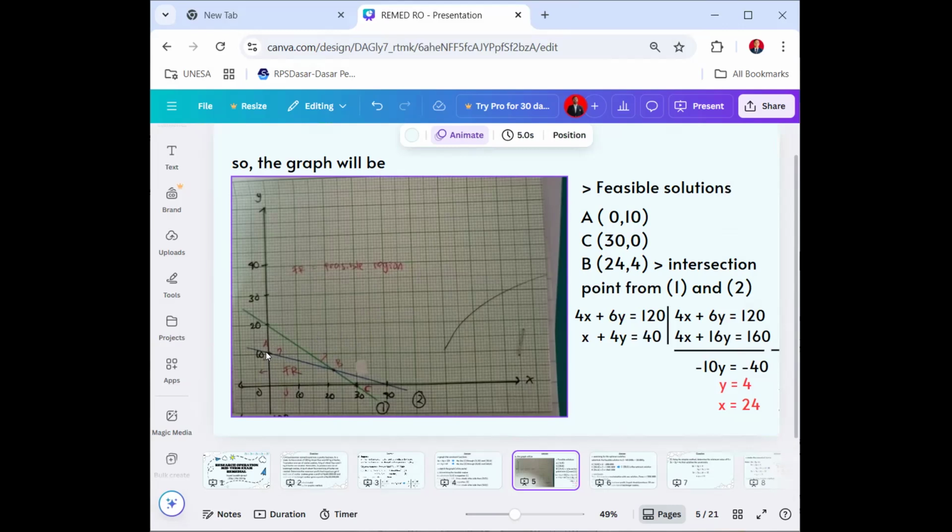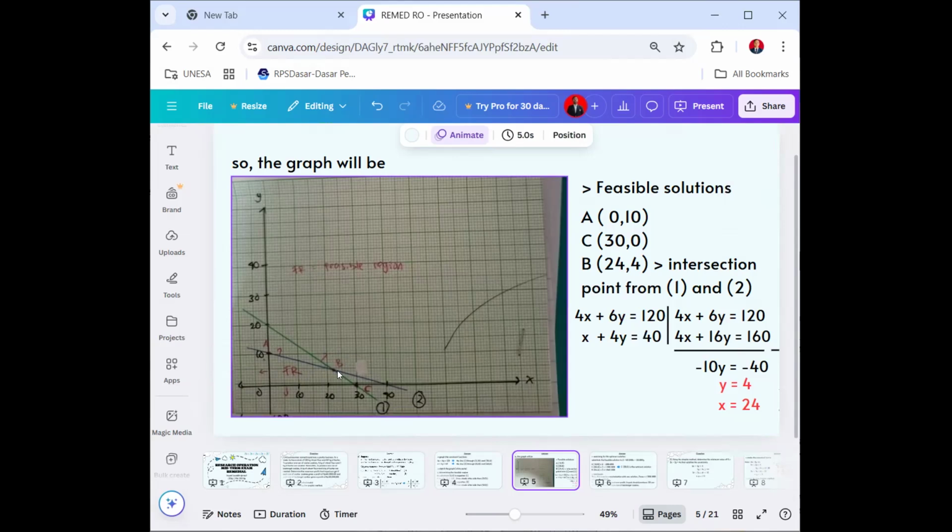Now, you see this is point A. This is point C that we get. Point A is 0,10 and point C is 30,0. And in the feasible region, there is an intersection between the two equations.